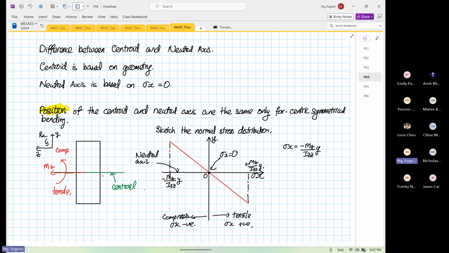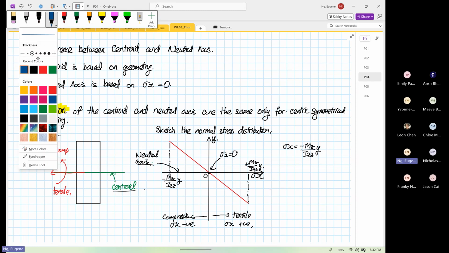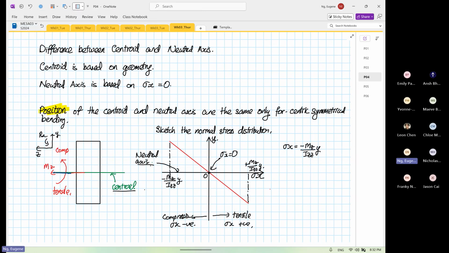So if you look at the position of the centroid and the neutral axis, they are aligned on the same line. Can you see they are aligned? I'll use a different color. They are aligned. The position is exactly the same, and I'll use a thicker line. Okay, the position is exactly on this line. So this line is where what?